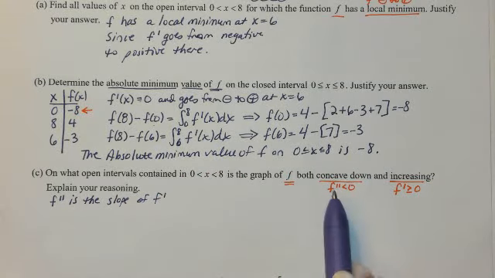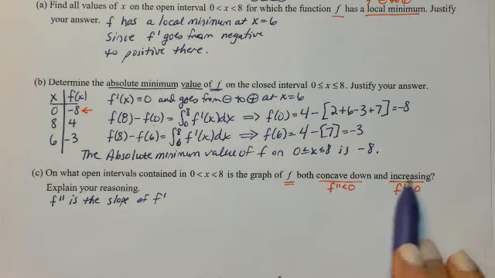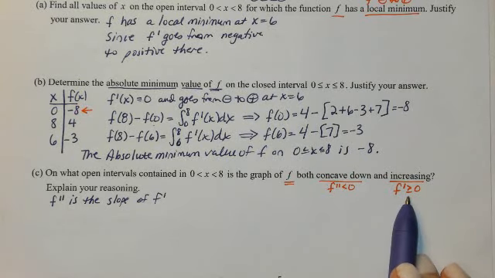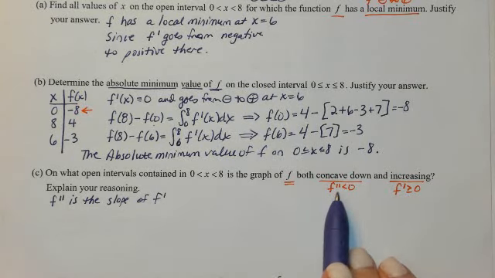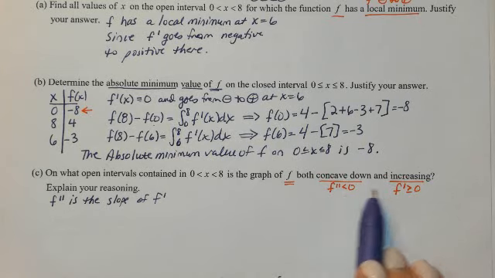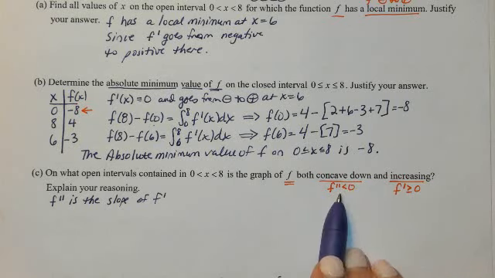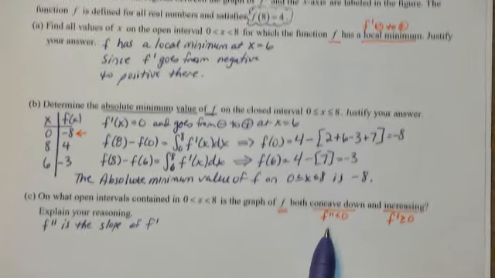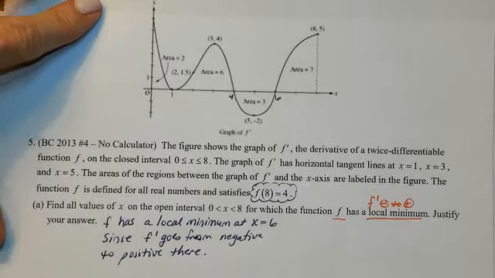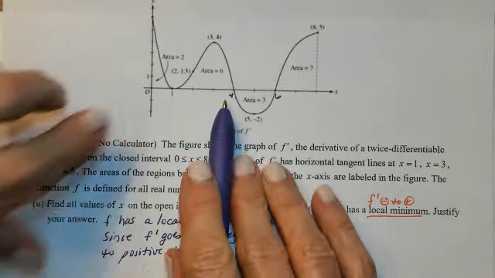So I'm going to go to my graph, and I'm going to look at where f prime is positive, but f double prime is negative. So f prime is positive, that will be the graph above the x-axis, and I want the slope of the graph to be negative.